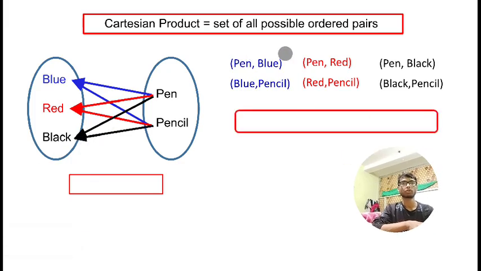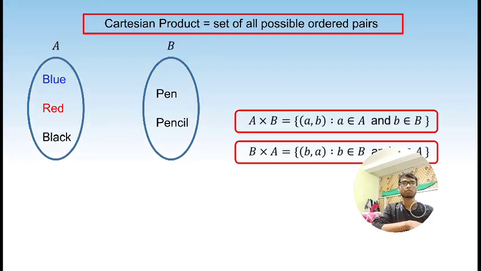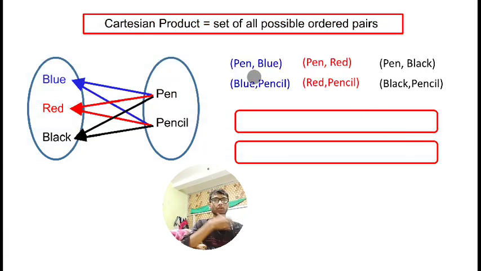Now all these are ordered pairs. Here what is happening? This a belongs to A and b belongs to B. Here you can see this pen belongs to this set, but blue belongs to this set. This blue belongs to this set, but the pencil belongs to this set. These are the right, correct ordered pairs.